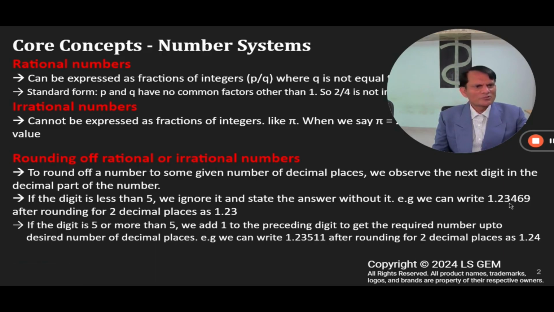So see 1.23. Just ignore after this because this is less than 5. If the digit is 5 or more than 5, we add 1 to the preceding digit to get the required number up to the desired number of decimal places. For example, if we have to round 1.23511, after 2 3 it is 5. So we have to say 1.24.